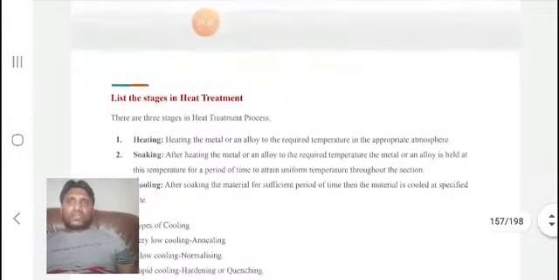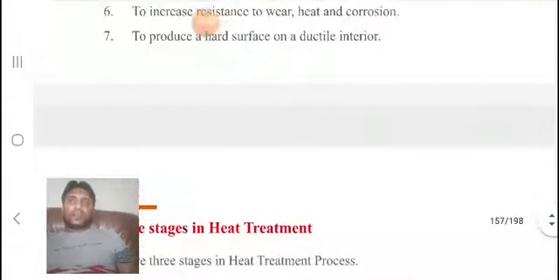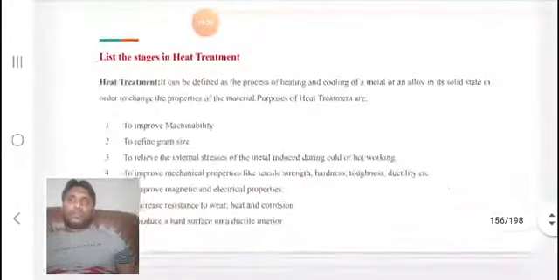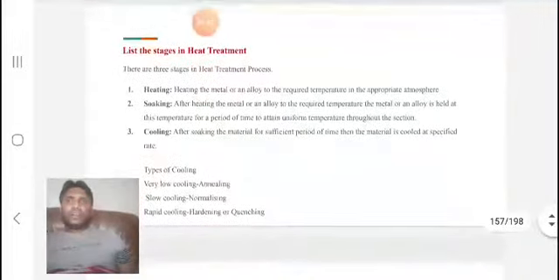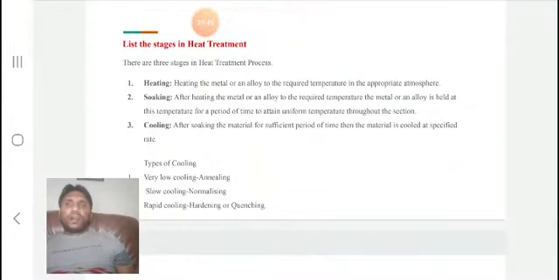So these are the advantages or the purposes of heat treatment. So how is the treatment conducted? We also discussed this. Heat treatment is conducted in 3 stages.